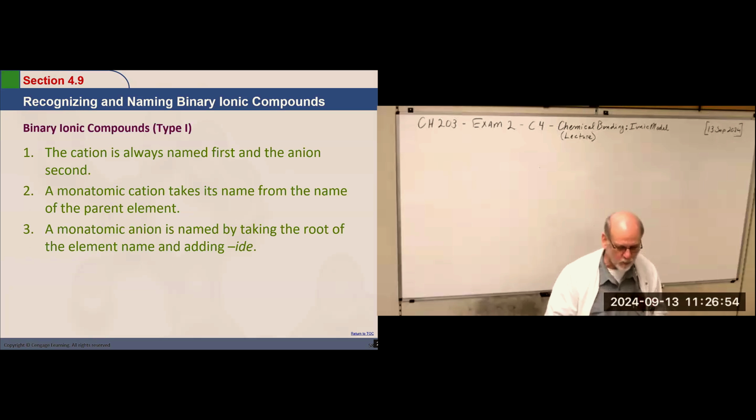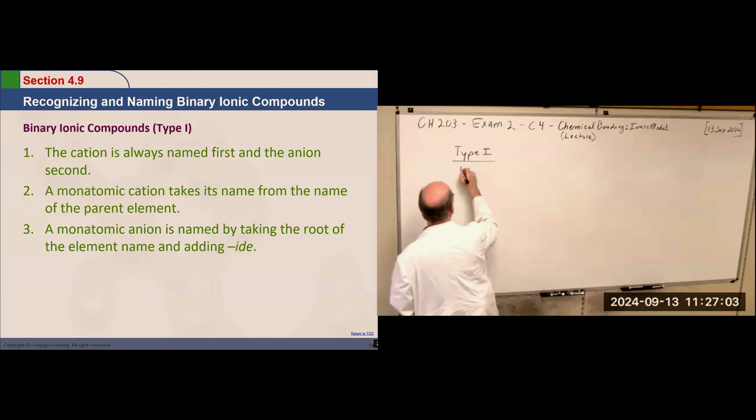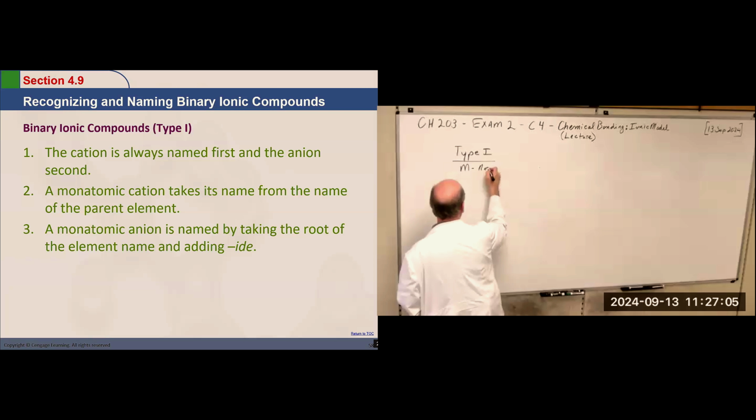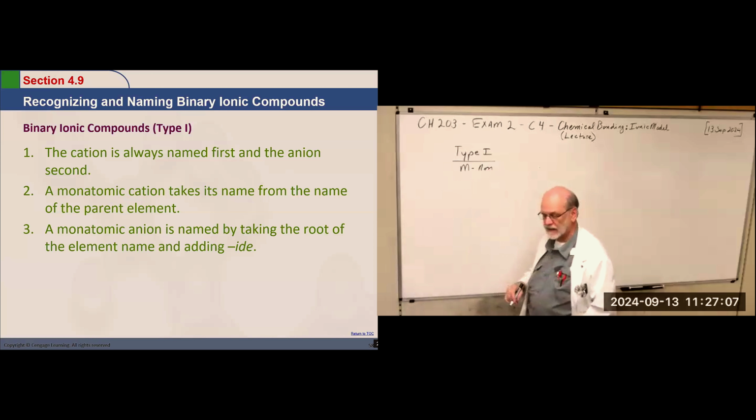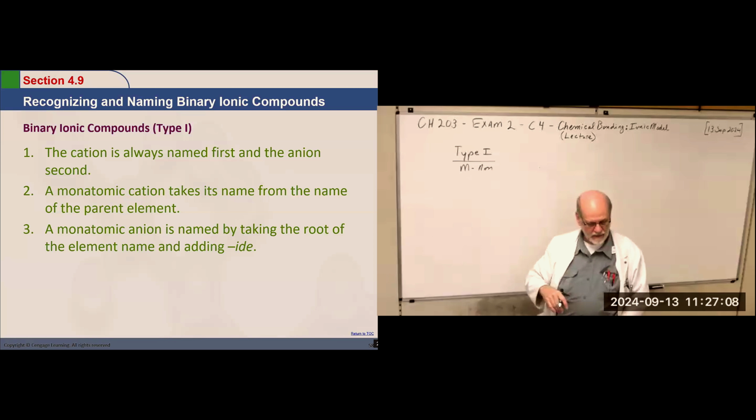All right. Type 1 compounds. These are between metals and nonmetals. And the distinguishing characteristic here is that the metals have a fixed charge. Right?